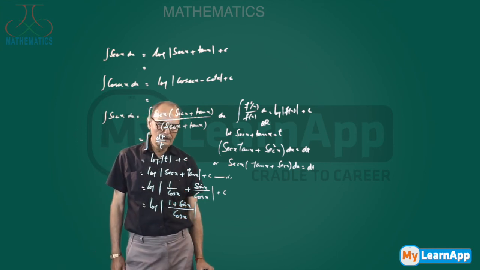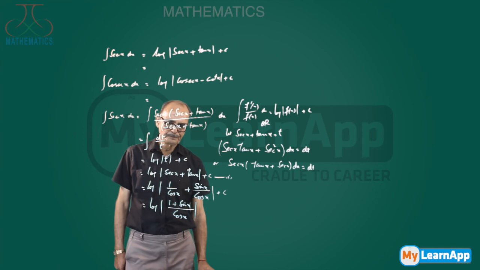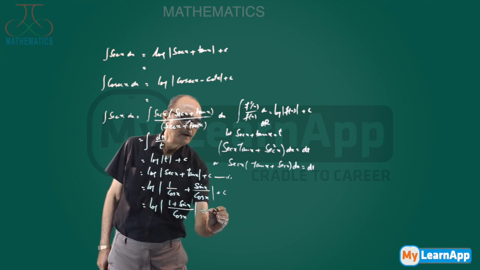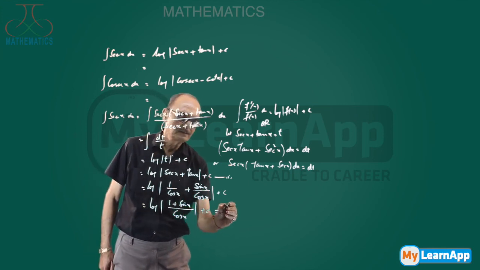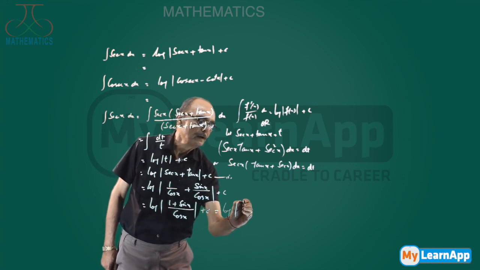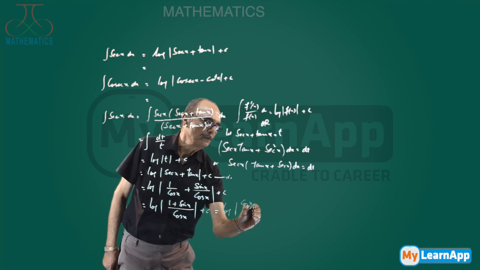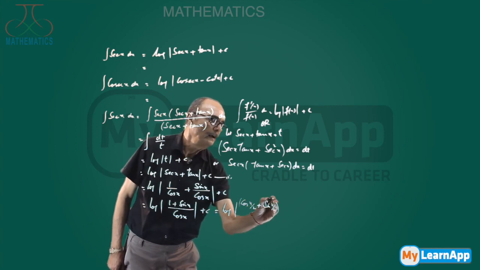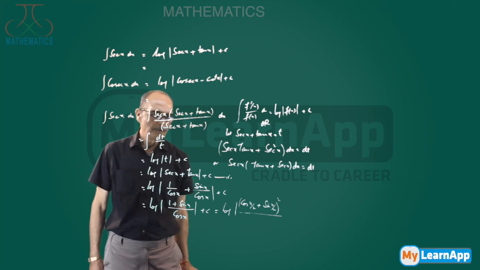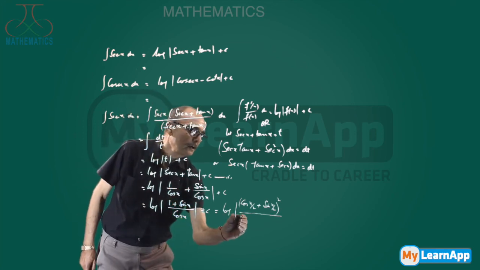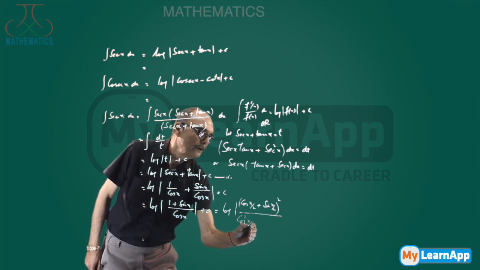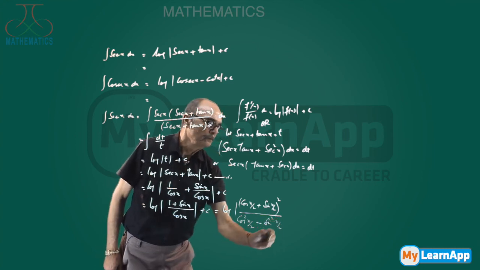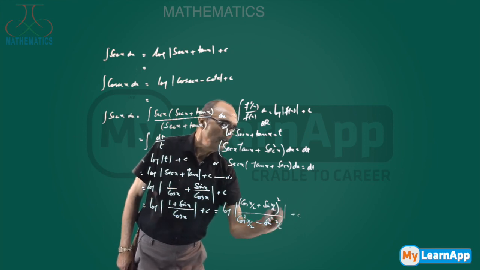Making use of the formulas in trigonometry of submultiple angles, we can write this as log of cos x by 2 plus sin of x by 2, squared, over cos x, and the formula for cos x is cos square x by 2 minus sin square x by 2, plus constant c.